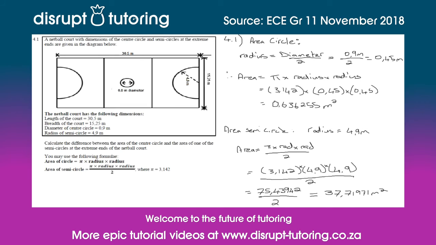And they have asked us for the difference, so over here they say calculate the difference between the areas. So it's going to be, therefore, our difference equals the area of the semicircle, which is the larger of the two, so it's 37,71971 minus the area of the smaller circle in the middle that we've calculated, so 0.63255.